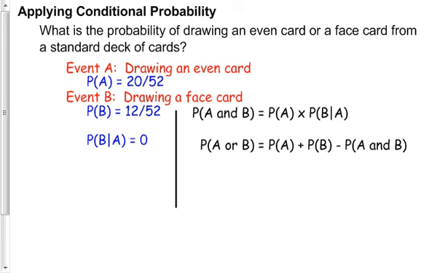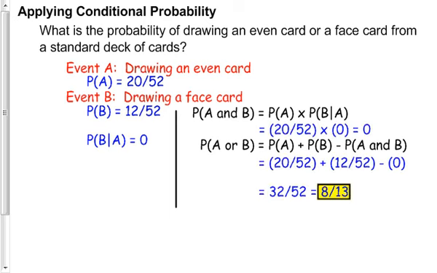And then the probability of A or B, which is what our question is actually asking, is equal to the probability of A plus the probability of B minus the probability of A and B at the same time. Since I've already done each of those individual probabilities, A, B, and B given A, all I really have to do is plug some things in. I plug into the first equation to determine the probability of A and B, and then I can take that answer and plug it into the second equation.